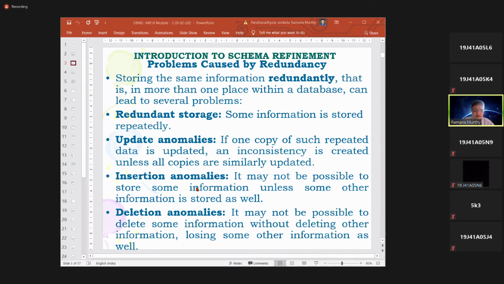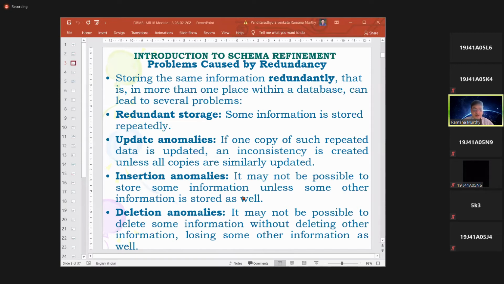Even in a single table, if you are storing information repeatedly, that is also called redundancy. Don't think redundancy means only having the same data at different places; it also happens at a single place, where we store the same information repeatedly whether it is required or not.